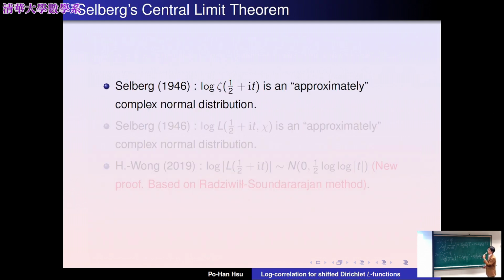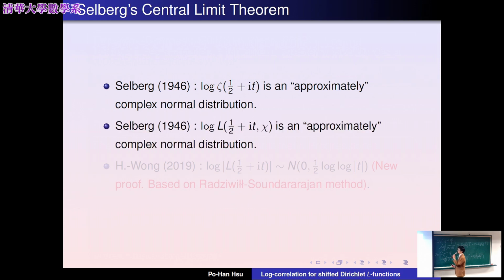All right. So Selberg in 1946 proved the central limit theorem for log zeta, and then in almost the same year, in a different paper, he proved that Selberg's central limit theorem holds for Dirichlet L function. In fact, in Selberg's original work, his central limit theorem holds for L functions in the Selberg class.